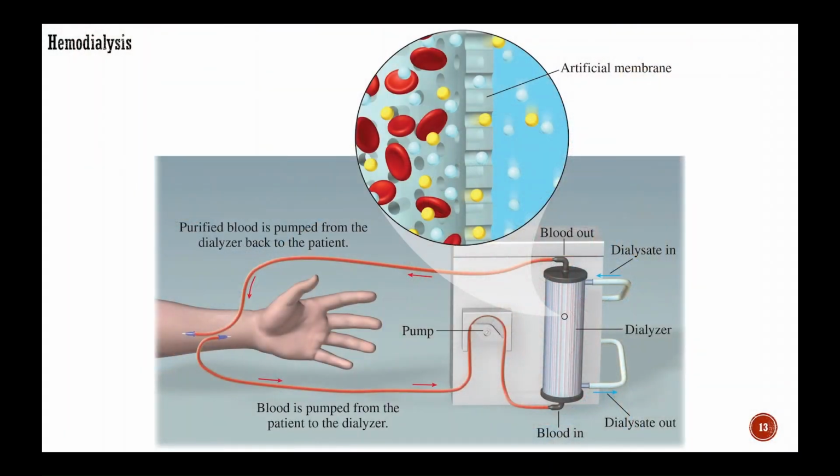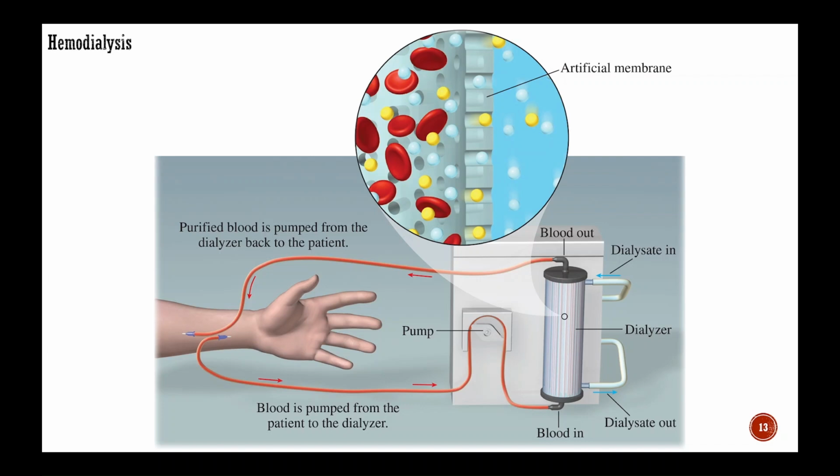Specifically, in hemodialysis, blood is removed from the body and pumped into a machine that filters out toxic substances and then returns the purified blood to the patient's bloodstream. Inside the dialyzer, an artificial porous membrane separates the blood from a fluid called dialysate, which contains many of the blood's components at similar concentrations to prevent any net movement of these components between the blood and the dialysate through the membrane.